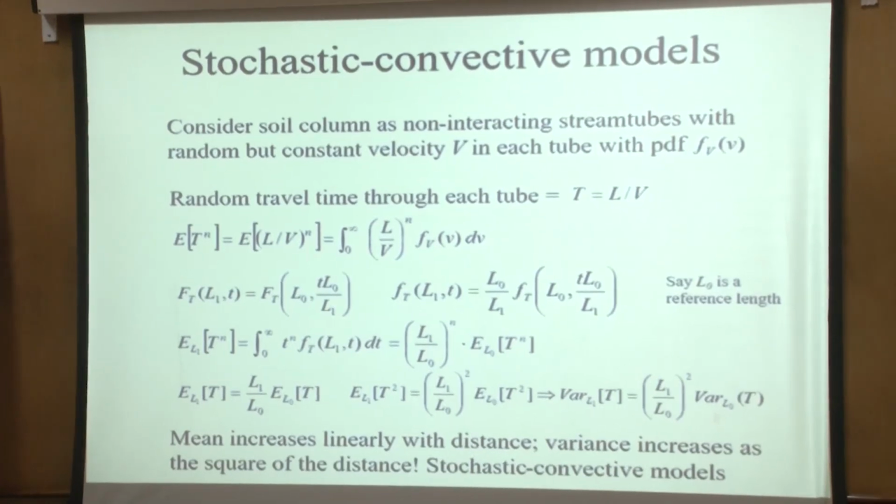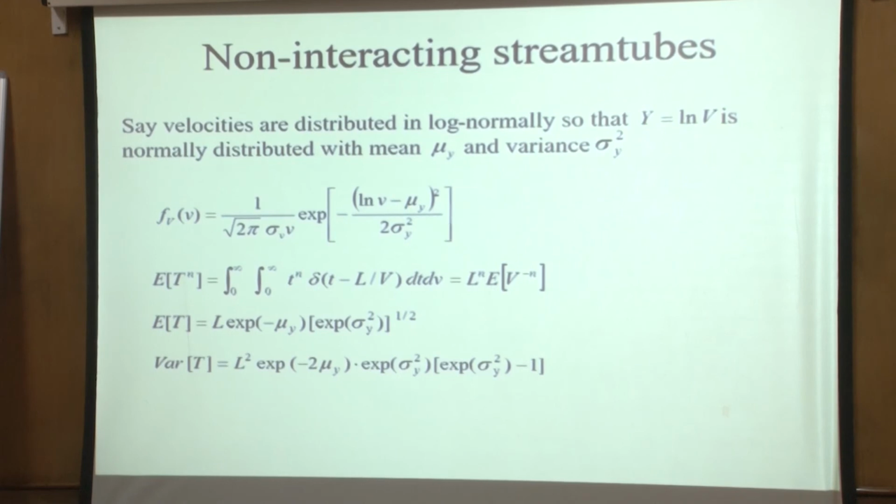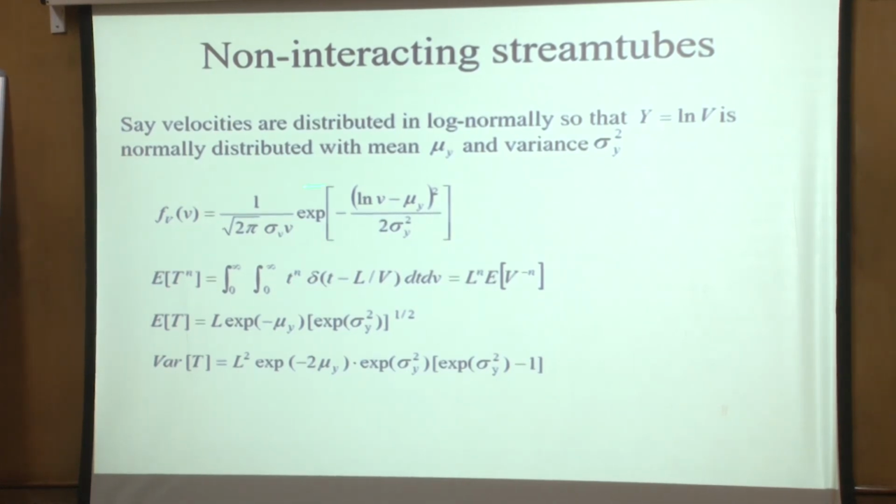Okay, I want to quickly talk a little about non-interacting stream tubes because this is going to be your tutorial on day 5. So I'm sort of giving you a heads up on some of these tutorials. Okay. So log normal distribution looks like this.